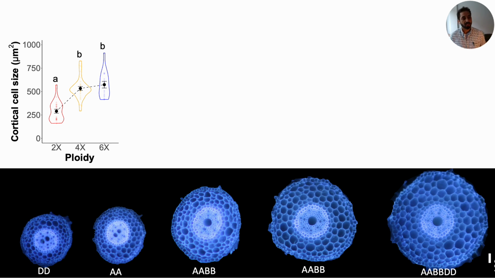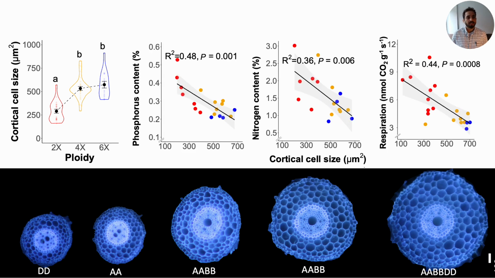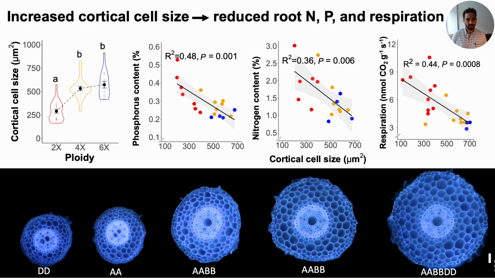And with that increase in cortical cell diameter, there is a reduction in phosphorus content, nitrogen content, and root respiration. So increase in cortical cell size leads to reduced nitrogen, phosphorus, and respiration.